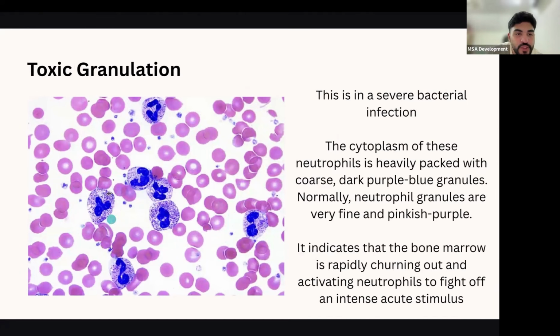If you look at these neutrophils, you can see there's just a lot of activity. There's a lot of people in the party, in the cytoplasm, right? Basically, this is toxic granulation. Why does it happen? This happens in severe bacterial infection, okay? And this indicates that the bone marrow is rapidly turning out and activating neutrophils to go and fight off this active stimulus that's attacking the body, okay?